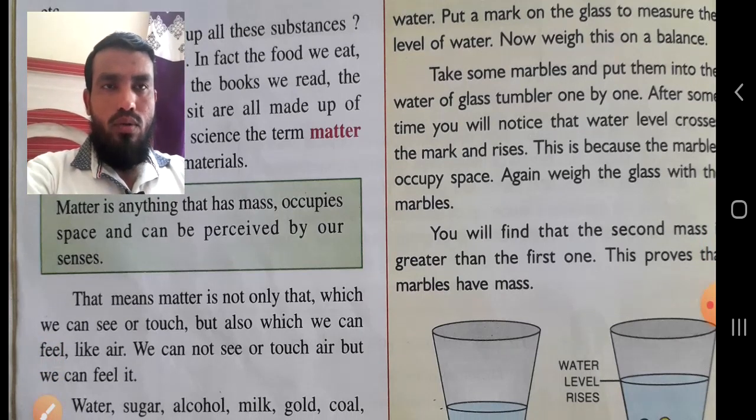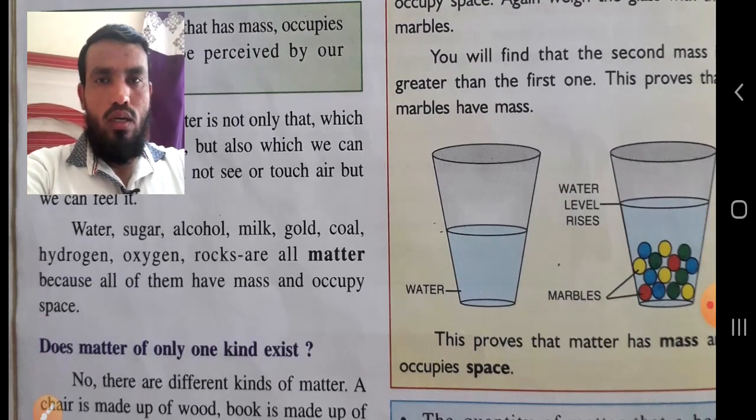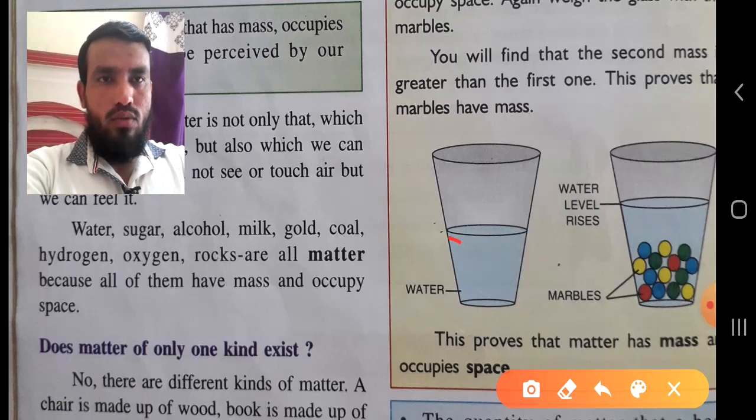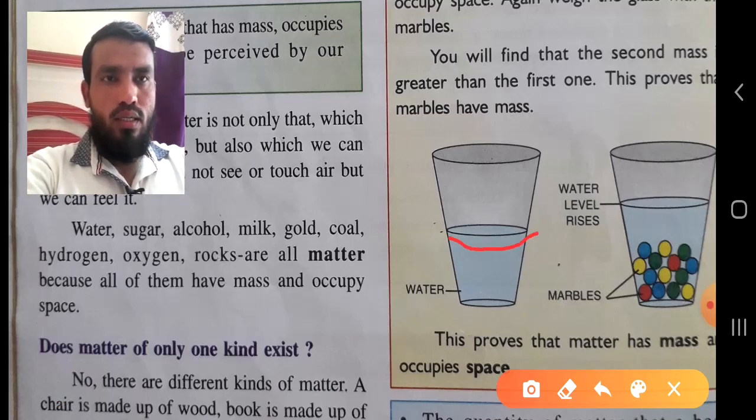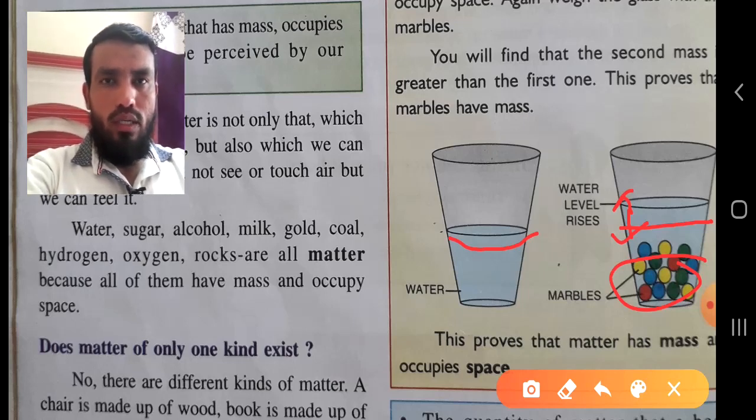After some time you will notice the water level crosses the mark line. When you are adding the marbles, just observe: this is the actual marking of your water line, and after adding the marbles the water goes upward. This is the distance the water traveled, this much quantity of water goes up. So what is the reason?